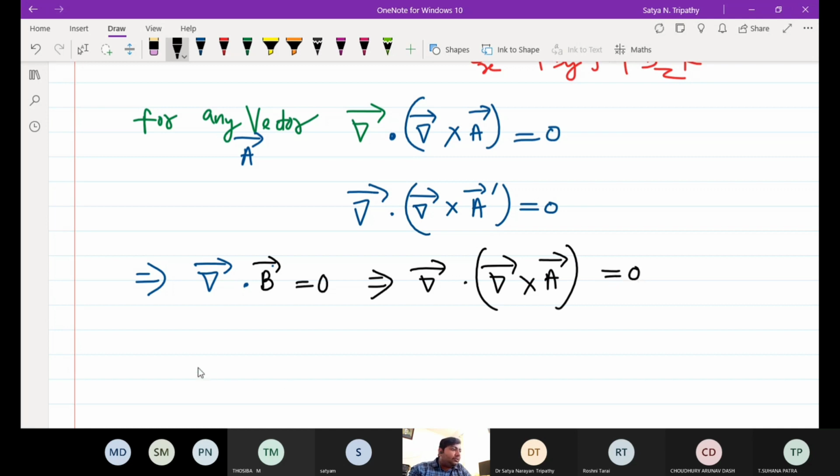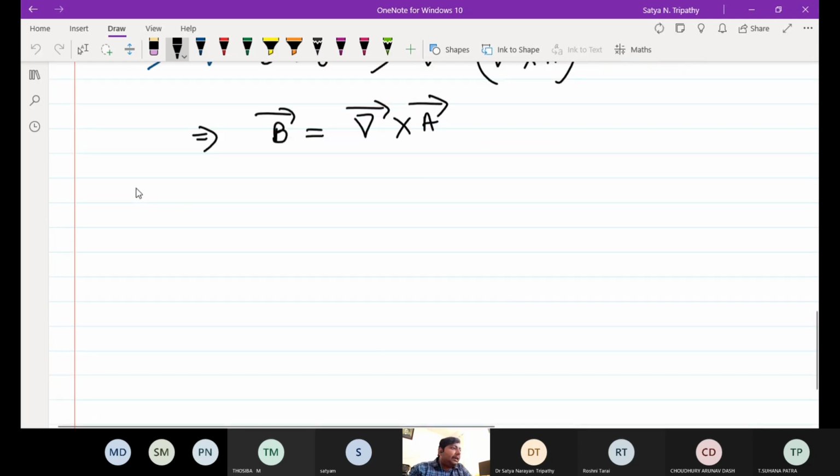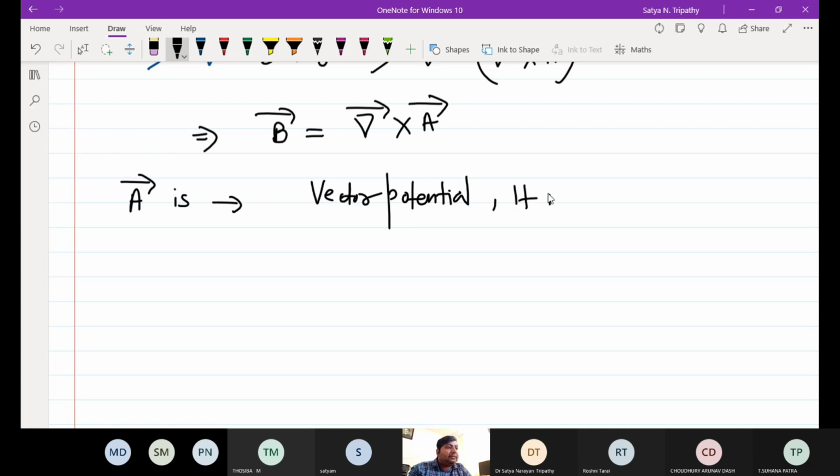And I can equate B is equal to del cross A. I would like to highlight that this vector A is the vector potential, and it is not unique.